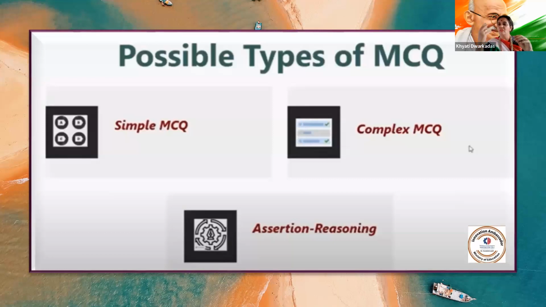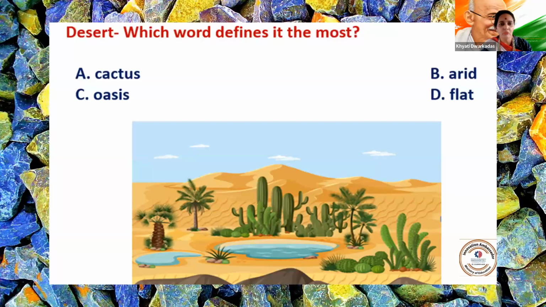You give a picture or data and infer. Or you mix and match a lot of things and then give a second set of options. A, B, C, D are your first 4 options and then you give 1, 2, 3, 4 and ask, is the answer option A and B, only A and C, those kinds. And assertion and reasoning, we all know.